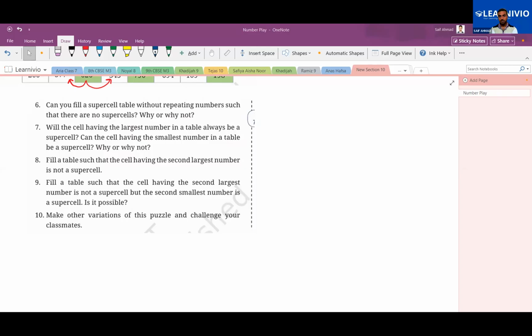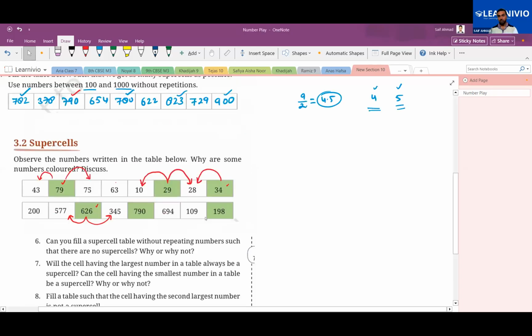In any table, some cells will naturally have numbers that are larger than all their neighboring cells, creating supercells. Even if the numbers are all different, the arrangement will almost always lead to at least one supercell because some numbers will be greater than the numbers directly next to them. It is not possible.